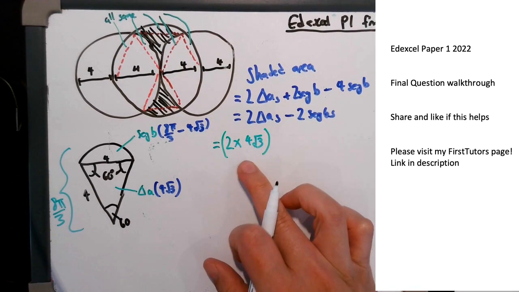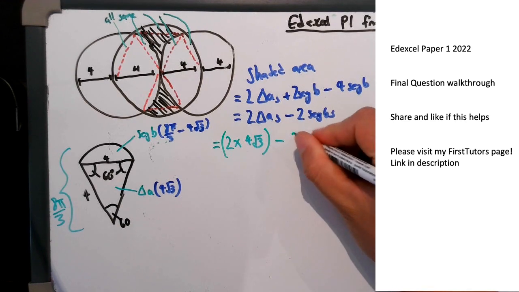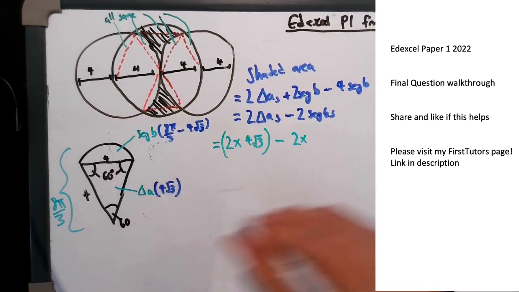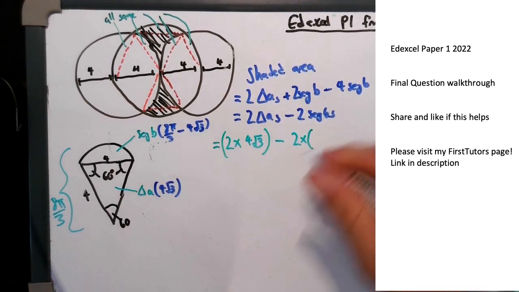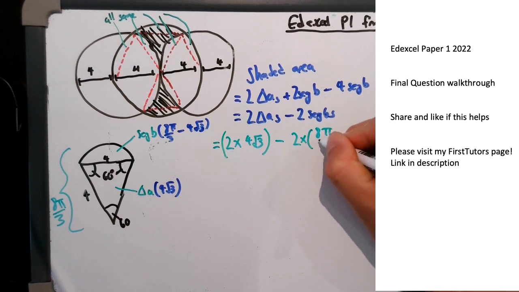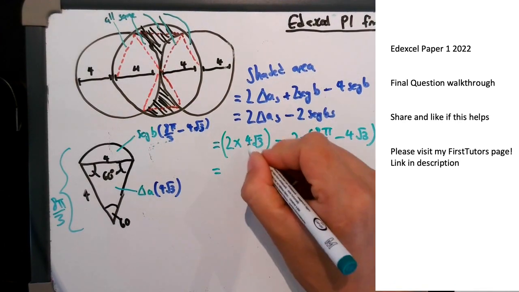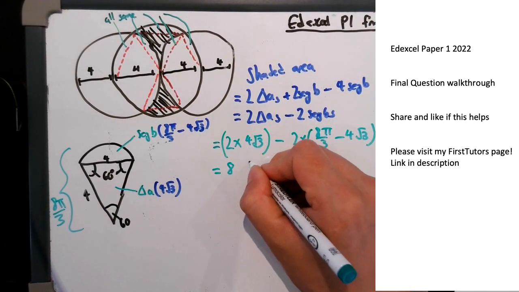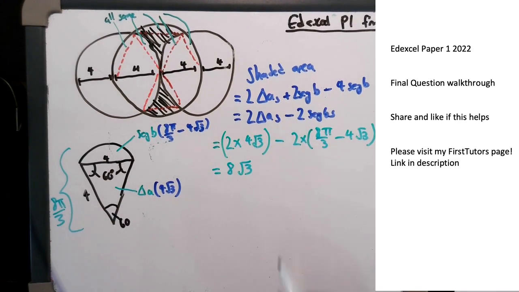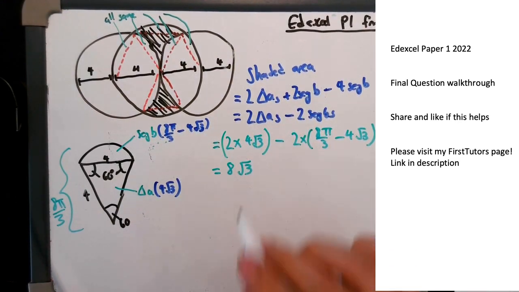So that's the 2 equilateral triangles minus 2 lots of segment B, which is this convoluted thing here. Okay, so this is pretty simple, becomes 8 root 3 because it's just a simple multiplication of a third.